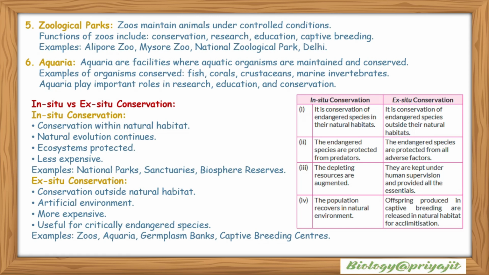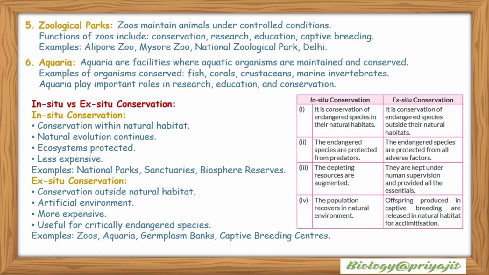Functions of zoos include conservation, research, education and captive breeding. Examples include Alipur Zoo, Mysore Zoo, National Zoological Park, Delhi, etc. Aquaria. Aquaria are facilities where aquatic organisms are maintained and conserved. Examples of organisms conserved here: fishes, corals, crustaceans and marine invertebrates. Aquaria play important roles in research, education and conservation.